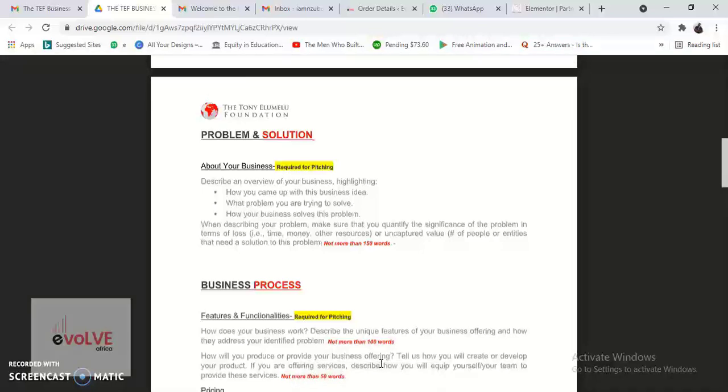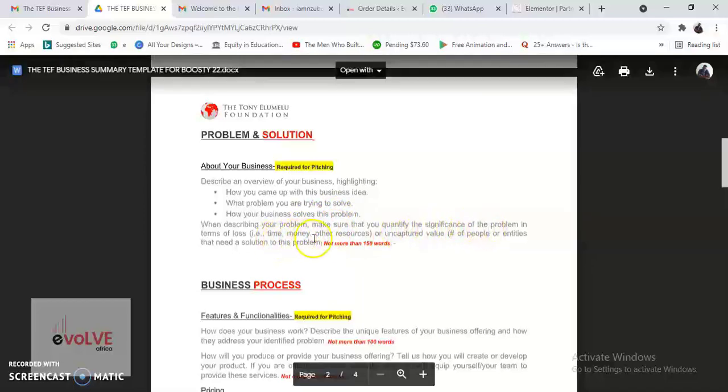So about your business, describe an overview of your business, highlighting how you came up with the idea, the problem you're solving, and how your business solves this problem. Make sure that you quantify the significance of the problem in terms of loss, money, resources.